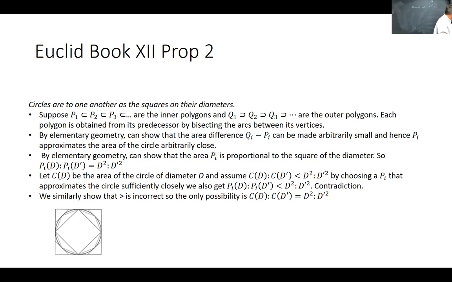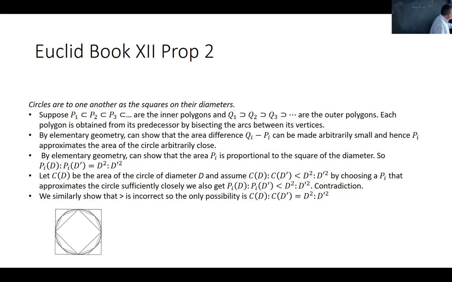By, for example, going from a square here to an octagon by bisecting each arc there. Okay, and it's straightforward then to show that the difference between the outer polygon and the inner polygon can be made as small as we like.